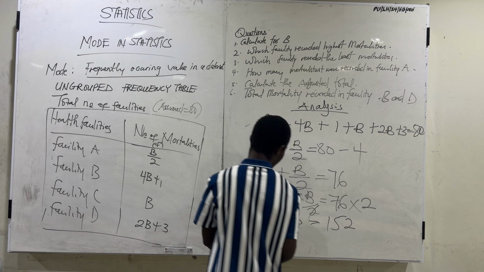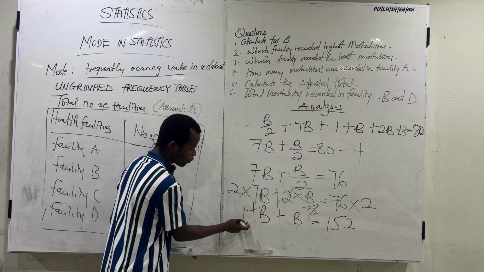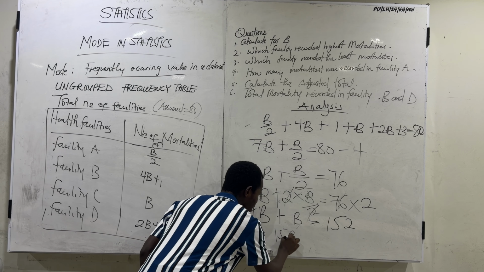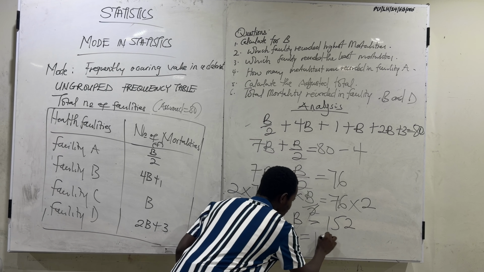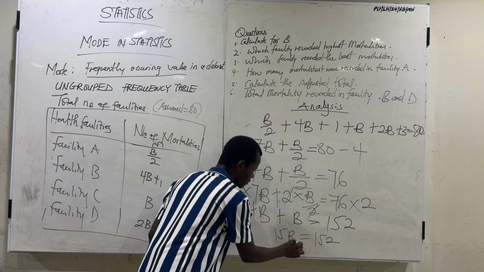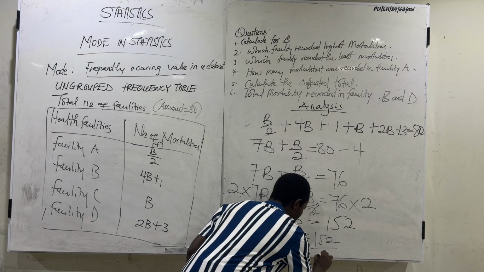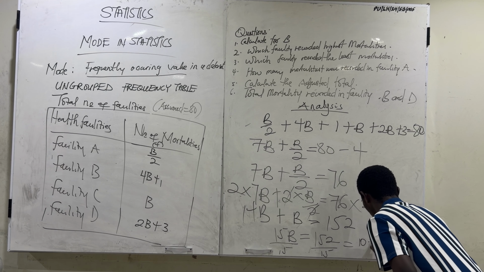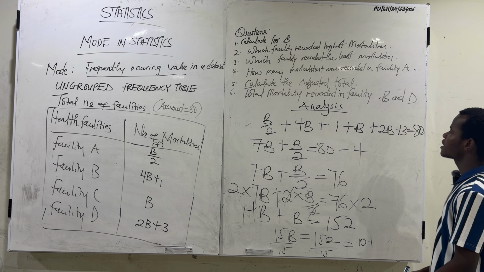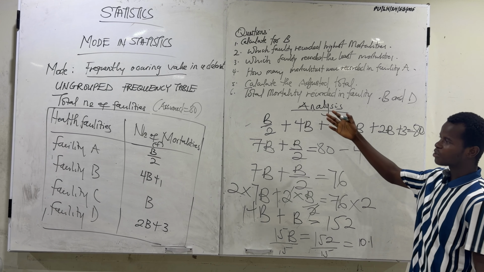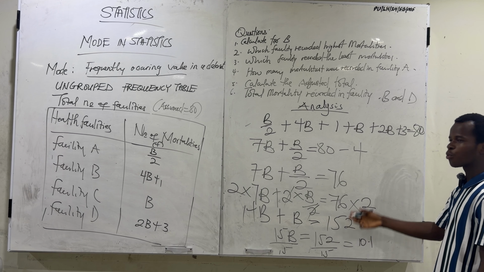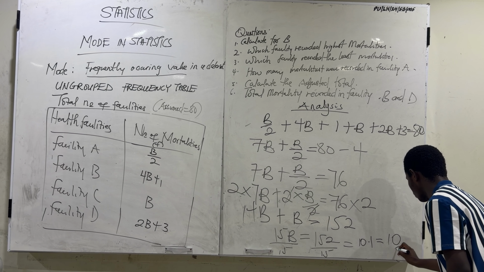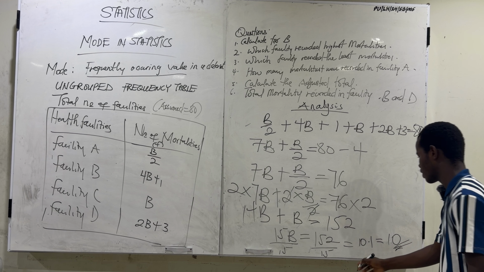So from here you can go on and calculate B. 14B plus B gives us 15B equal to 152. So you divide both sides by 15, and we get 10.1. But this is a frequency, or number of mortalities, which cannot be a decimal. So we round it to the nearest whole number, which is 10. Therefore, B is equal to 10.